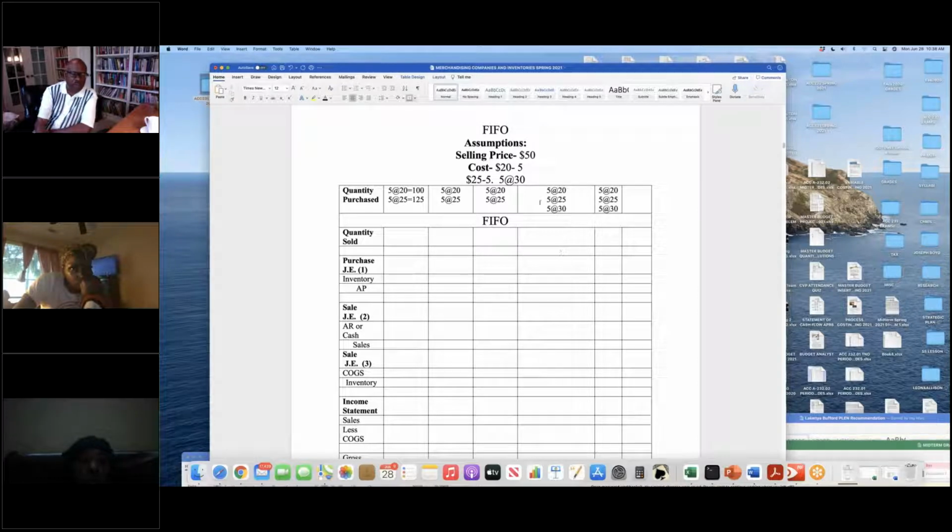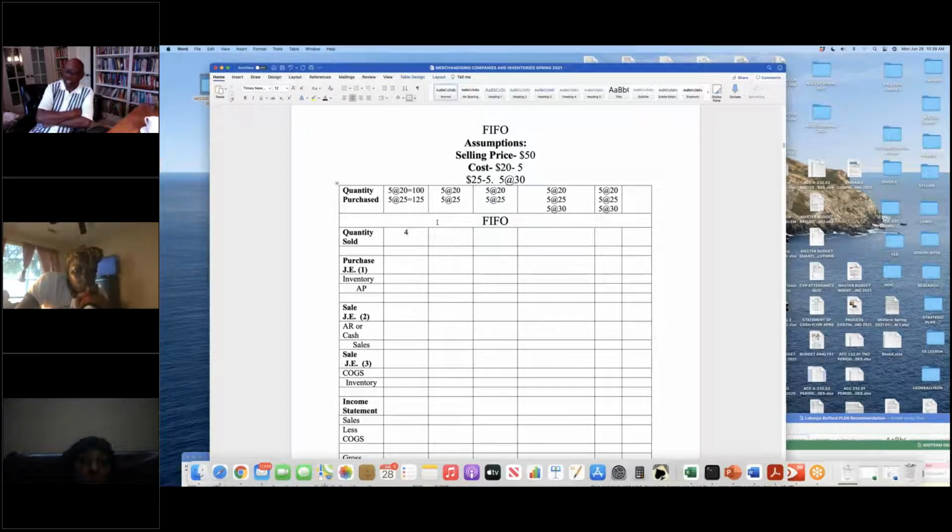So let's look at the situation where you do buy 10 pairs of shoes. Okay, you do buy 10 pairs of shoes. You got 5 at 20 and 5 at 25. And let's assume that you sold 4 pairs of shoes. So the quantity sold is 4.